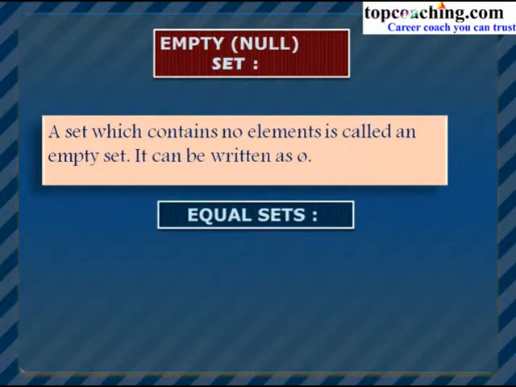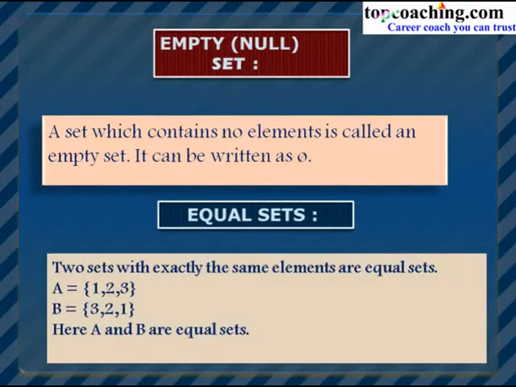The next is equal sets. Two sets with exactly the same elements are equal sets. So if we have two sets A and B such that they have the same elements and the same number of elements, then such two sets are known as equal sets. So let us say that we have a set A which has the elements 1, 2, 3, and we have another set B which has the elements 3, 2, 1.